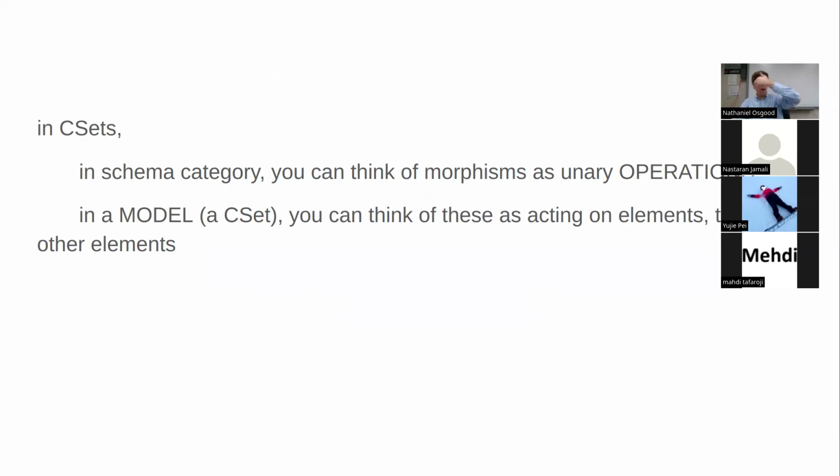It can be traced back to group theory and algebraic gadgets there, where we think about the actions of the group. We think about the morphisms in the category of groups, or the group elements, as actions acting on elements of a set when we have a representation of it.